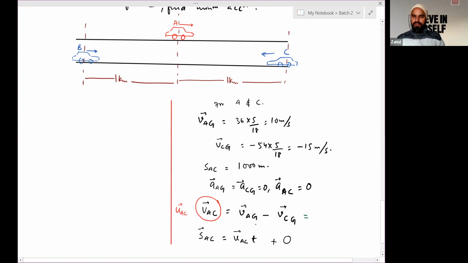If you put all the values in this part, as we have velocity of A with respect to ground is plus 10, minus velocity of car C with respect to ground, which is minus 15, so it will be 25 meter per second.